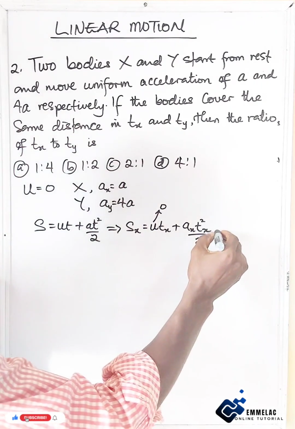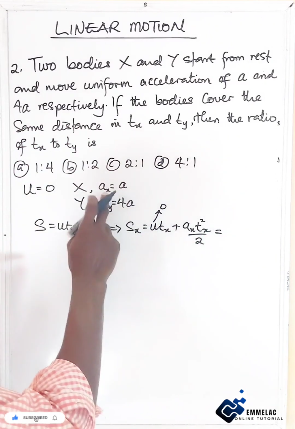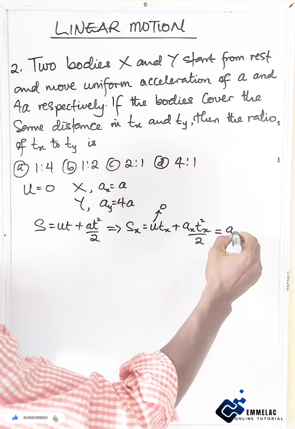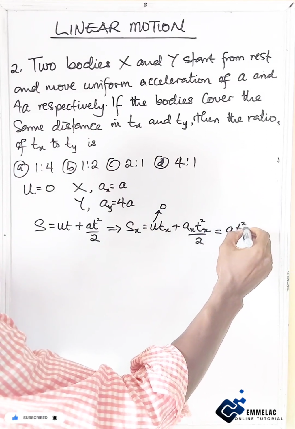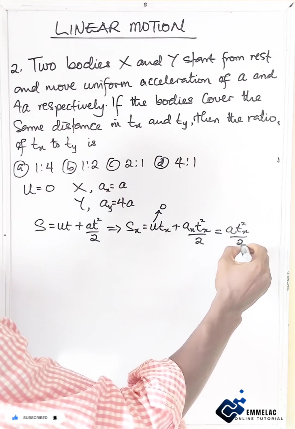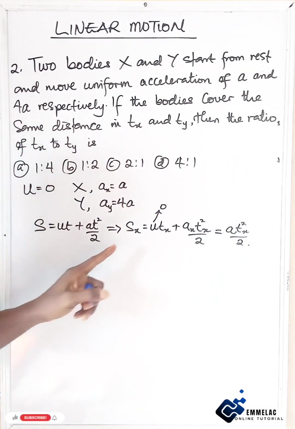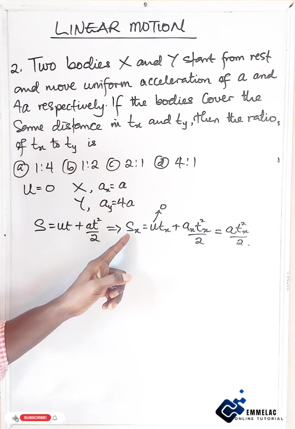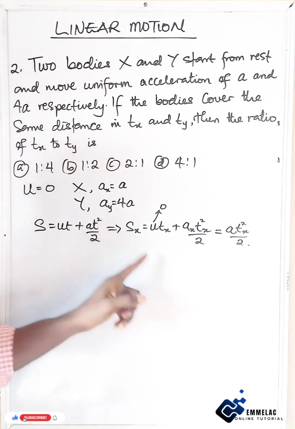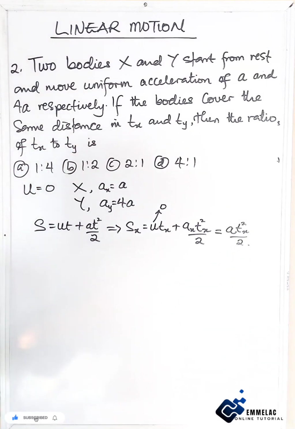Okay, which implies that the distance for x is a t squared sub x all over 2. Okay, so this is the final equation.